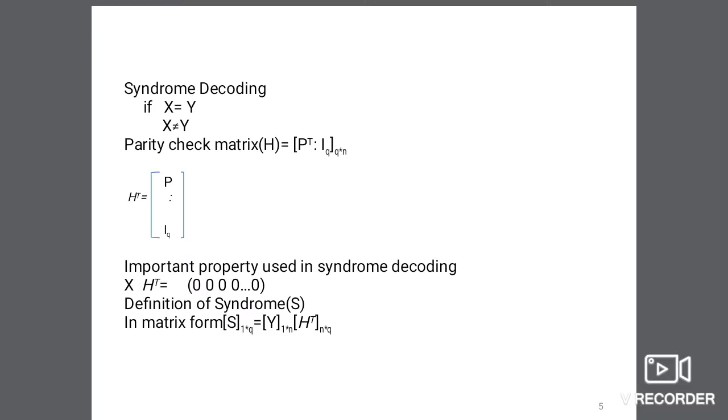When some errors are present in y, the non-zero output of the product yH^T is called the syndrome, and it is used to detect the error in y. The syndrome is represented by S, and we use S equal to yH^T.